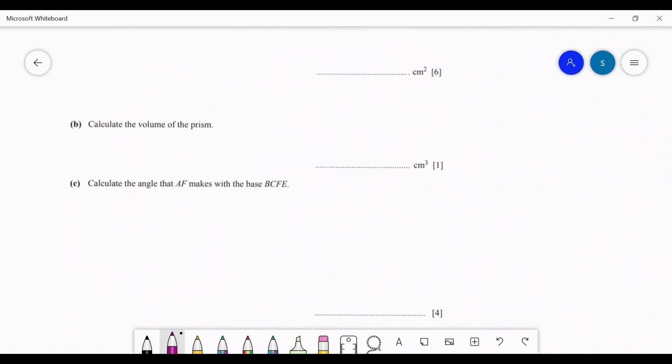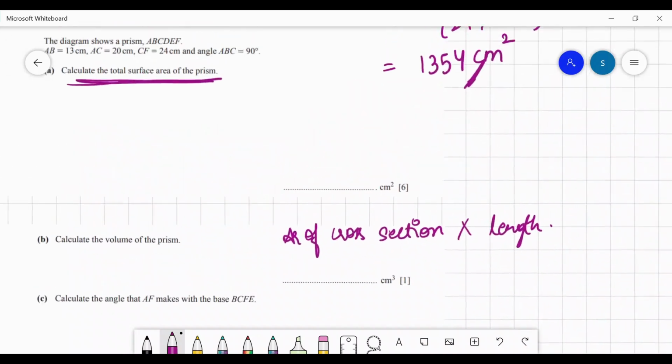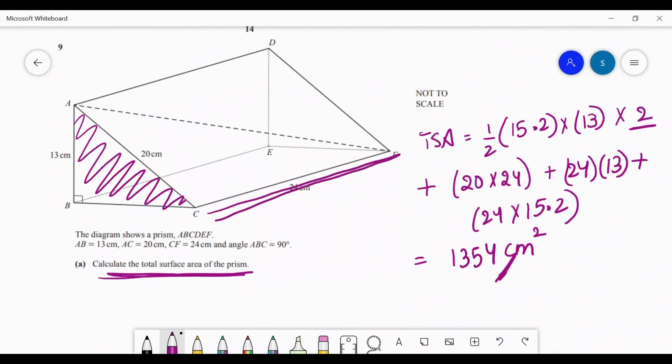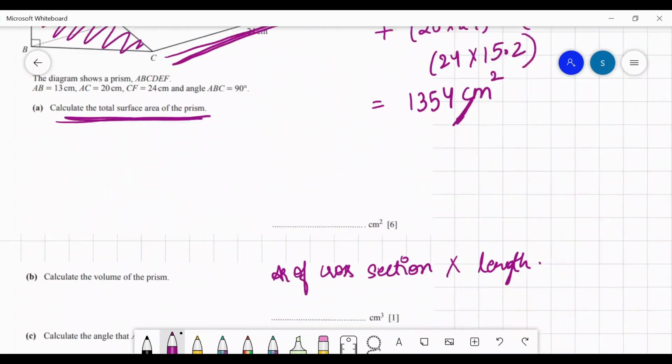Next part of the question, we have calculate the volume of the prism. So the formula for volume is area of cross section into length of the prism. So area of cross section is, I can just take the area of cross section of this triangle and multiply it with its length, which is 24 centimeters.